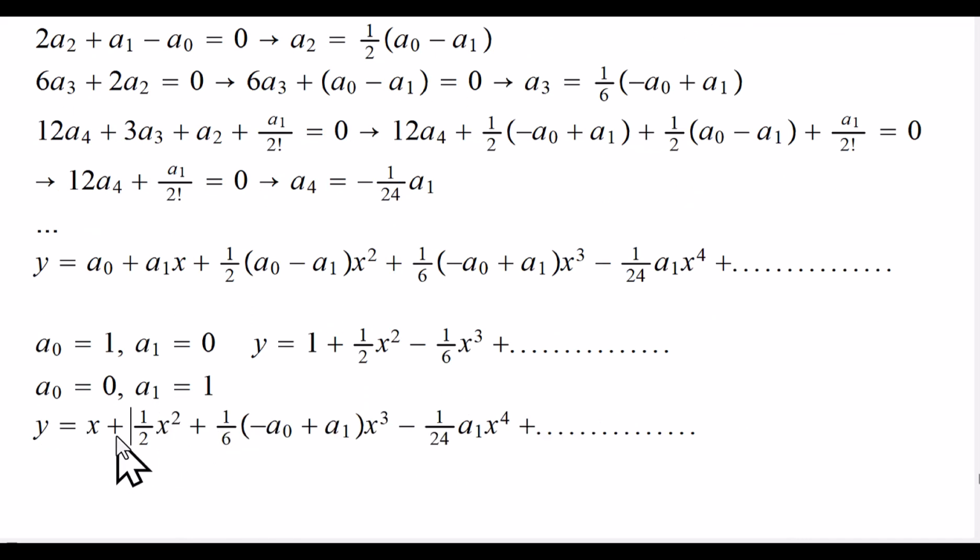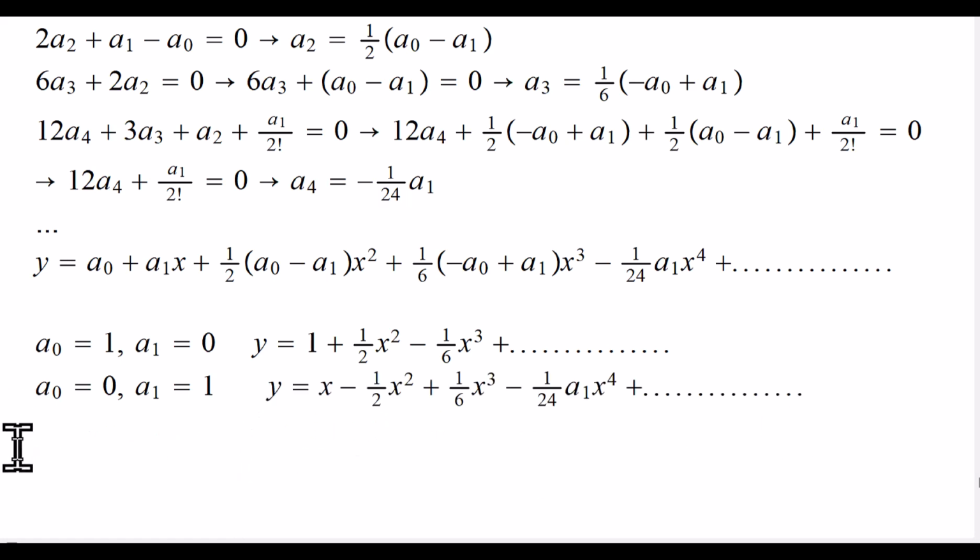So we will have negative 1/2 x squared, and then A0 is 0, A1 is 1, so that simply is a 1. So another linearly independent solution is this one. So these are the two linearly independent solutions. And we can change this to 1, or we took that as 1 already. So again, just be cautious in your algebra in here. All right.